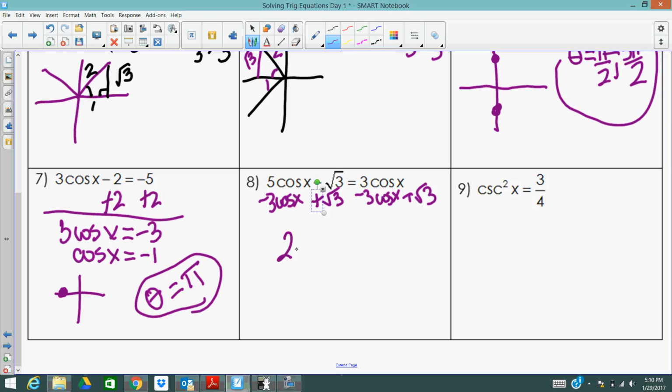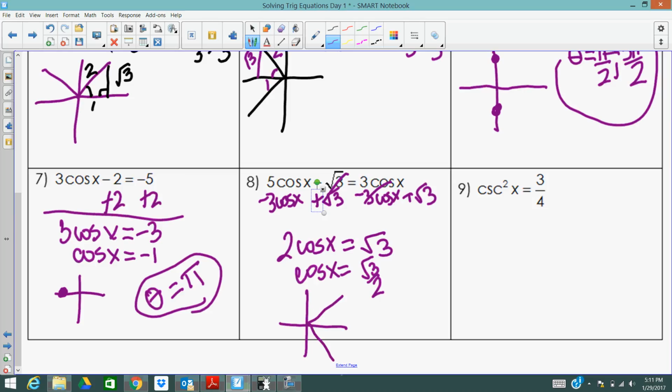So we have 2 cosine of x on the left side, square root of 3 on the right side. So we get cosine of x equals square root of 3 over 2. So cosine is positive in quadrants 1 and quadrants 4.